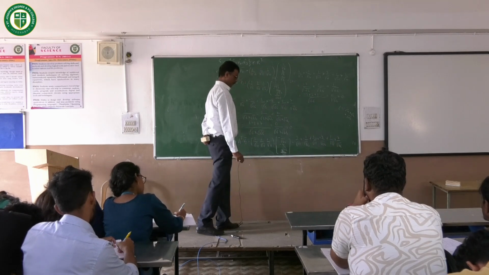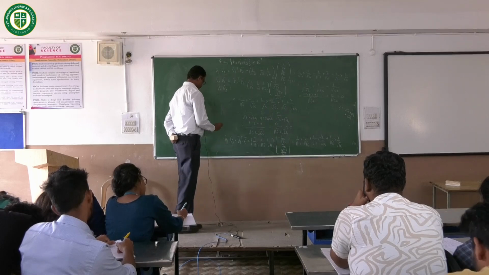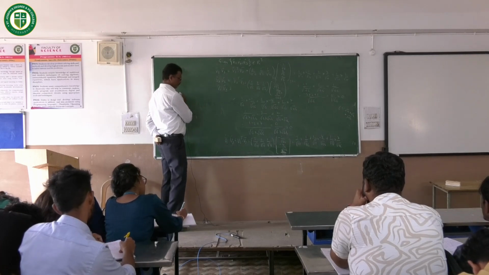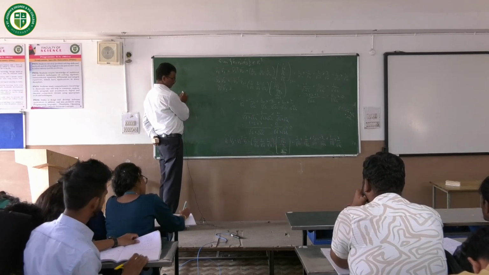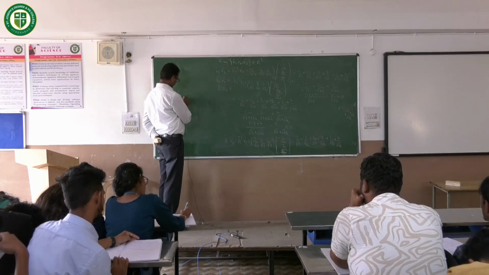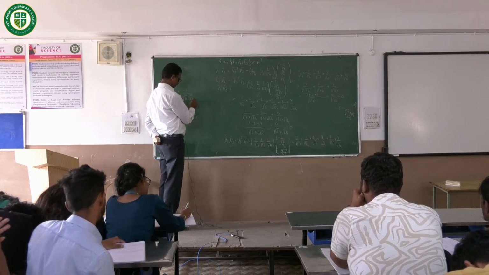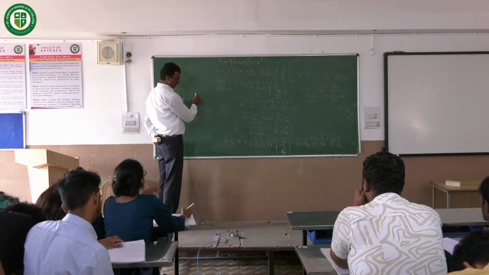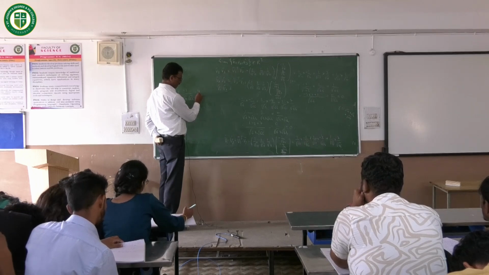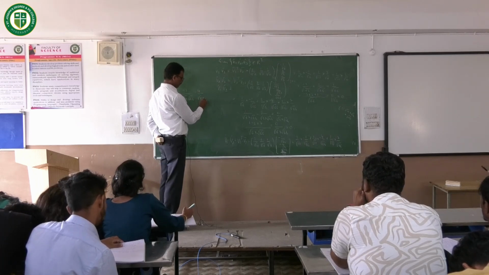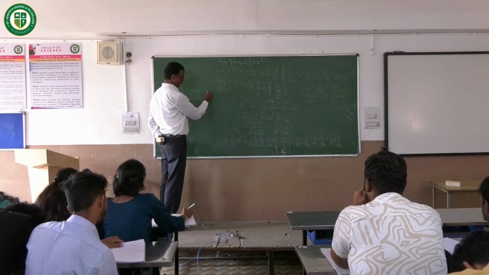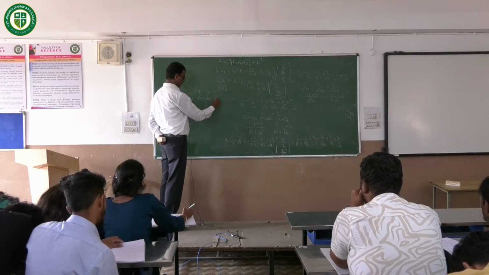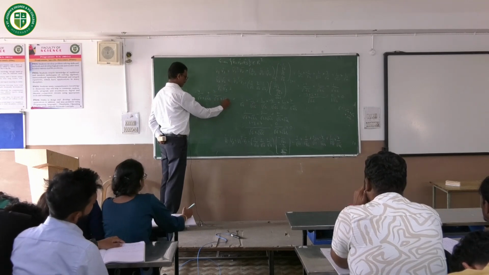Observe this: same product, same denominator. We apply here minus 3 by root 11 root 66, plus minus 4 by root 11 into root 66, plus 7 by root 11 into root 66.